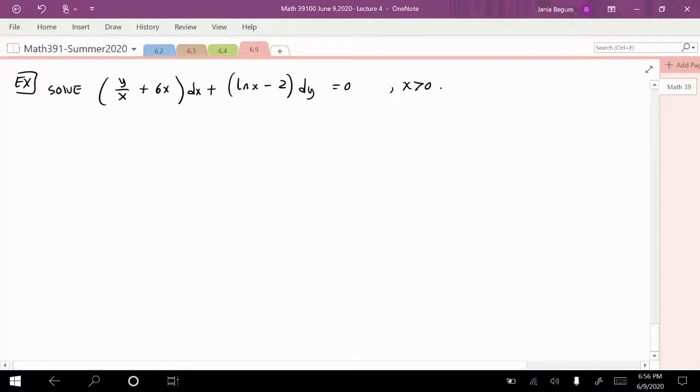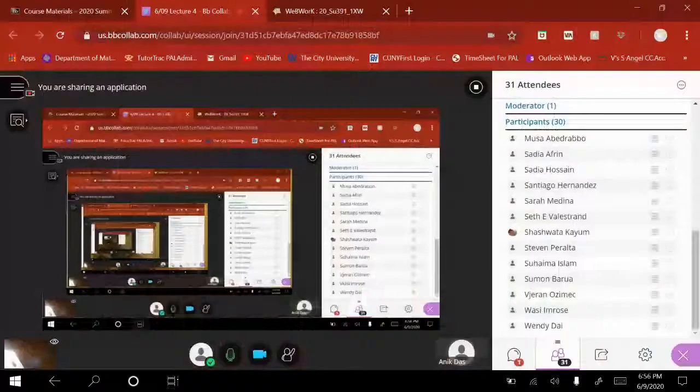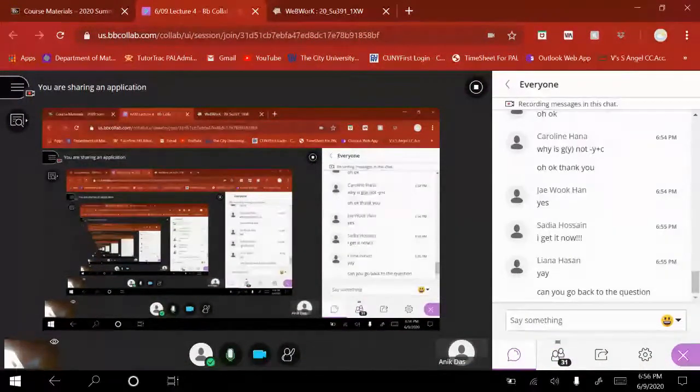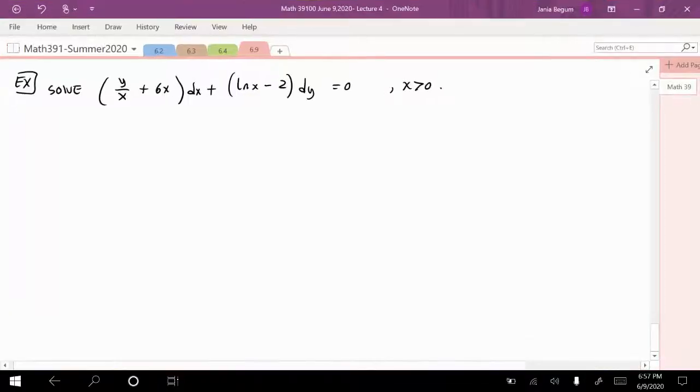Okay, so hopefully you had some seconds to think about this question mentally. You know it's not linear and it's not separable. So we're going to test if it's exact.